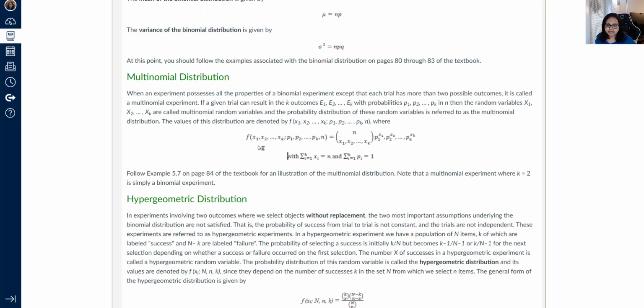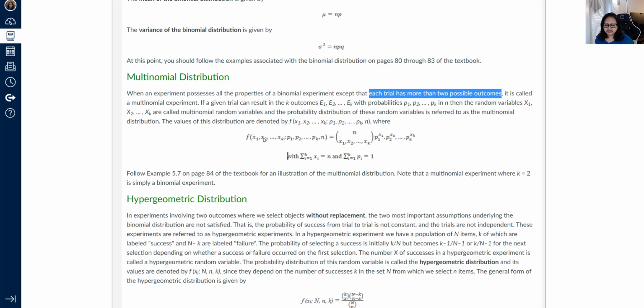The next one is the multinomial distribution. In the multinomial distribution, it has most of the properties we have in the binomial distribution. You can say that this is a generalization of the binomial distribution. We consider all the properties of the binomial distribution, except each trial could have more than 2 outcomes. Then we call it a multinomial distribution.